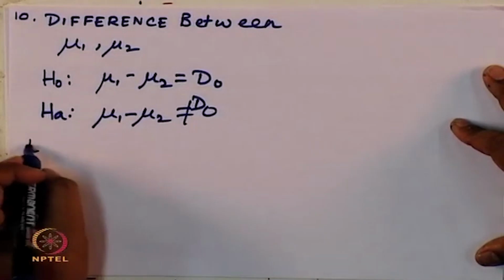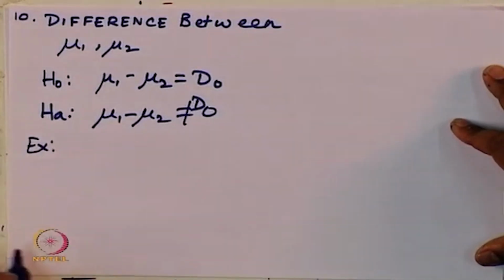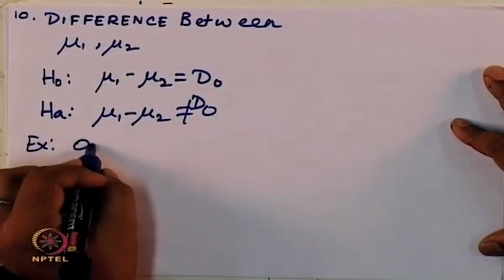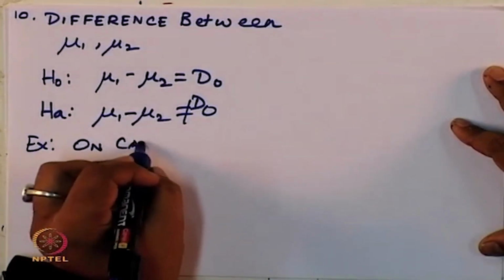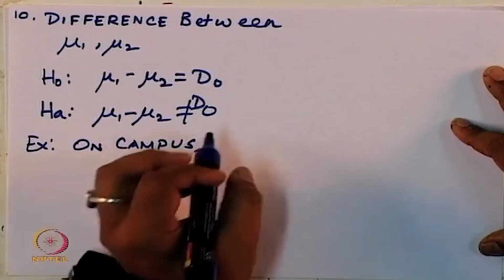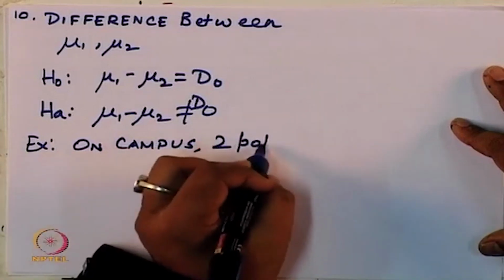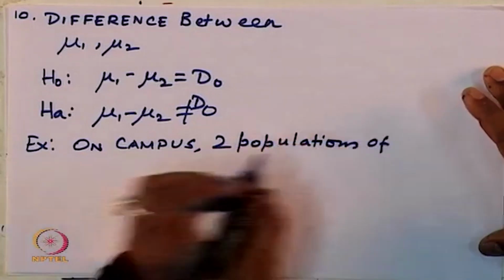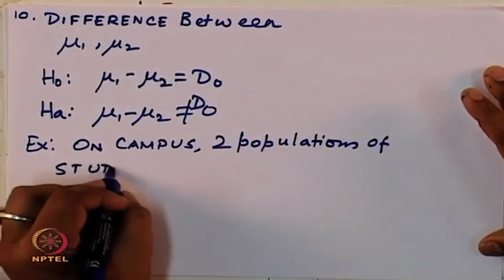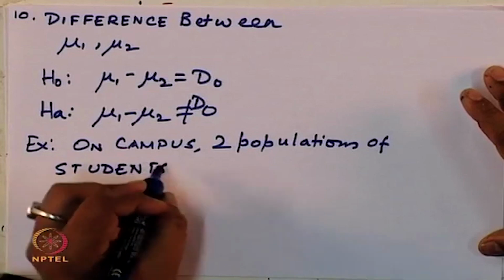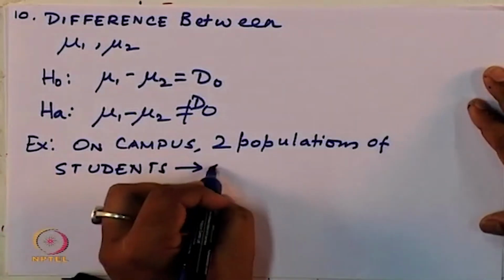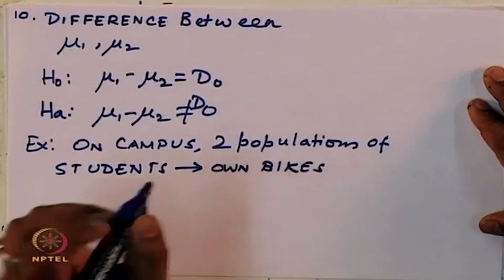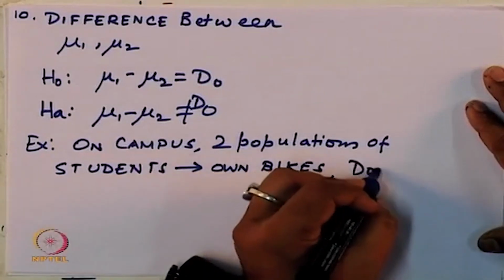Okay. Let us take an example. So, imagine you want to test, on campus, two populations of students, those who own bicycles or bikes and those who do not own.